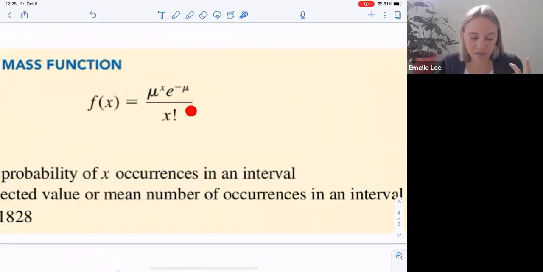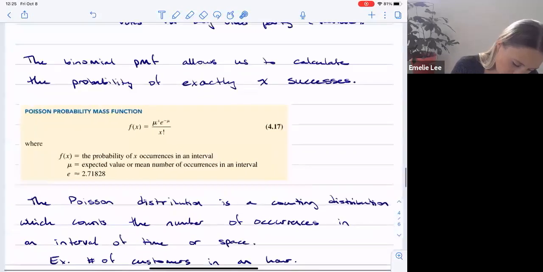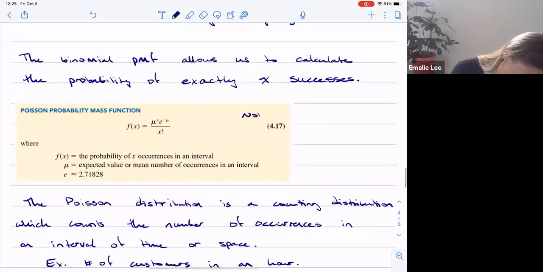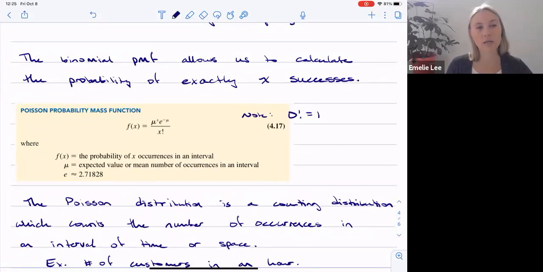X factorial, just in case, because I didn't go through it with the binomial, although we saw it there, is x times x minus 1 times x minus 2 times x minus 3. So in this case, if we're interested in 3, that would be 3 times 2 times 1. And as a rule, 0 factorial is 1.